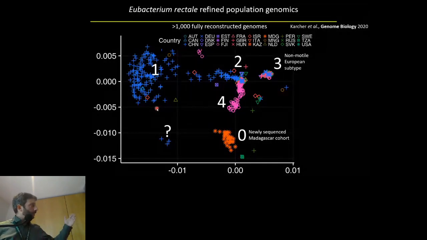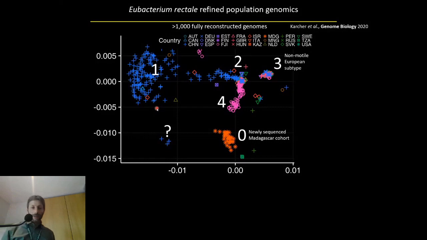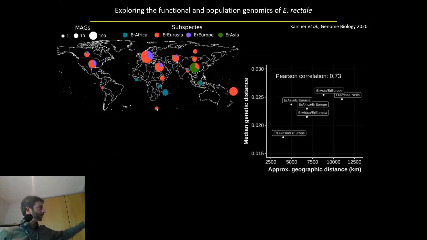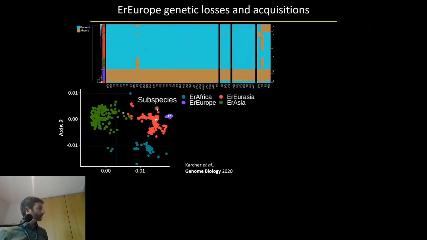And with these techniques, you can represent the diversity of the species. There are many different subspecies here. Some of them are really geographically adapted and different in different populations and continents. They are also functionally different, because this subspecies here is completely non-motile.